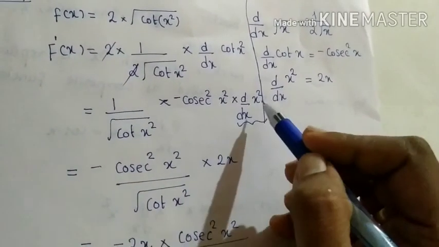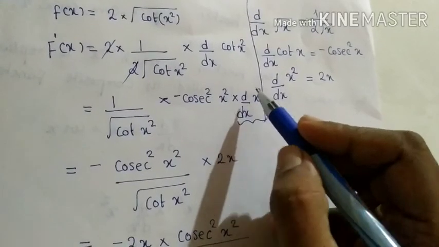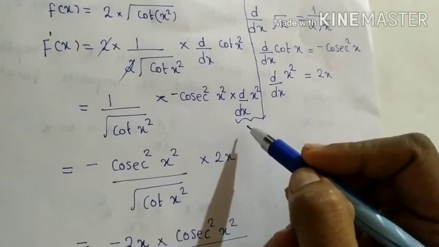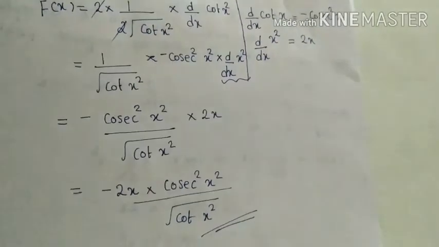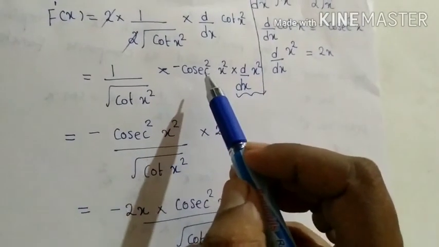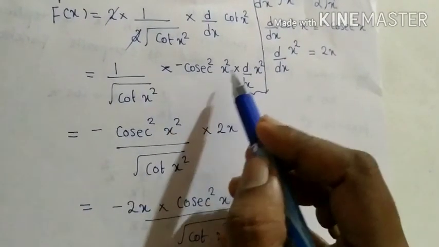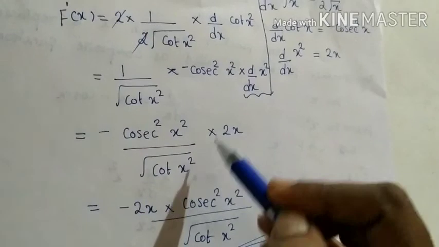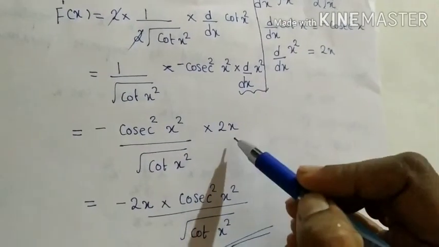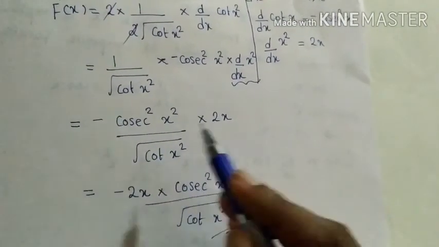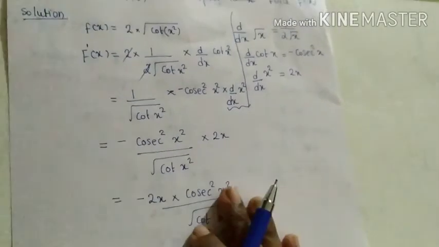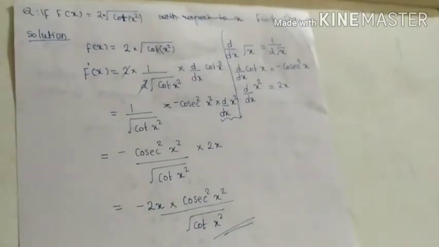So we are writing derivative of x square here. So finally we get minus cosec square x square by root of cot x square. The derivative of x square is 2x. And just rearranging this we get our final answer. Okay, I hope you understood.